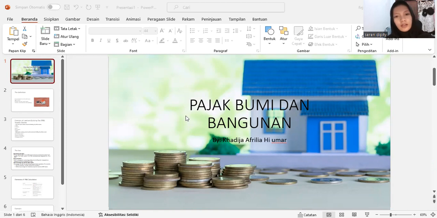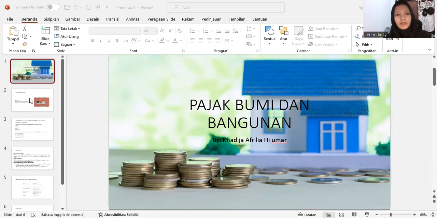So in this presentation, I'm going to help you understand the pajak bumi bangunan so maybe you can count it yourself. I am using a very simple example here. So let's get started.